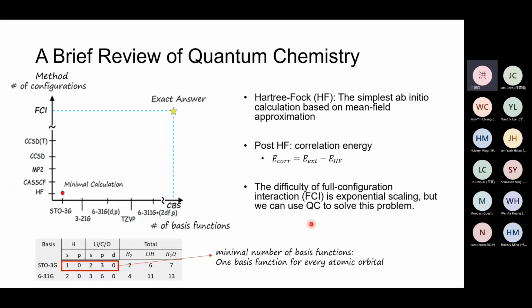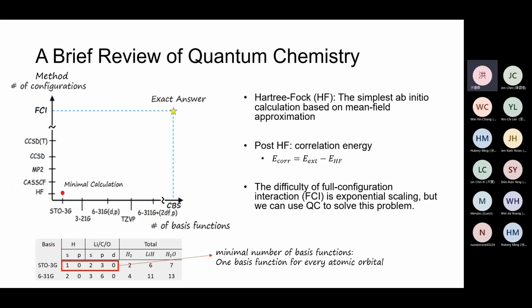So let's introduce the minimal basis set. The essential idea of the minimal basis set is that we select one basis function for every atomic orbital that is required to describe the free atom. Take hydrogen, for example. The minimal basis for hydrogen is just the 1s orbital.